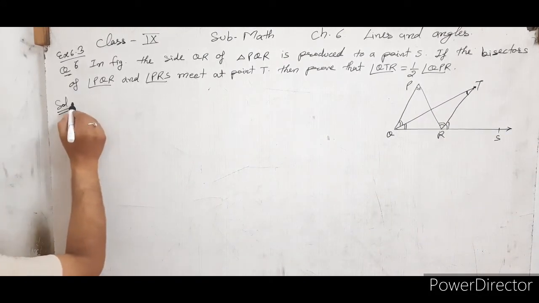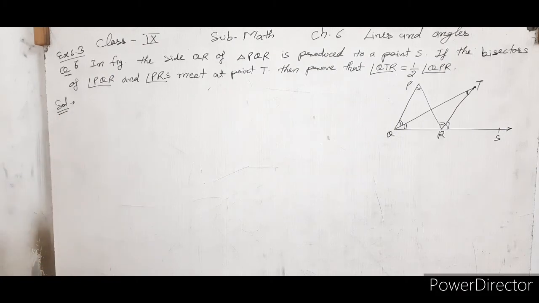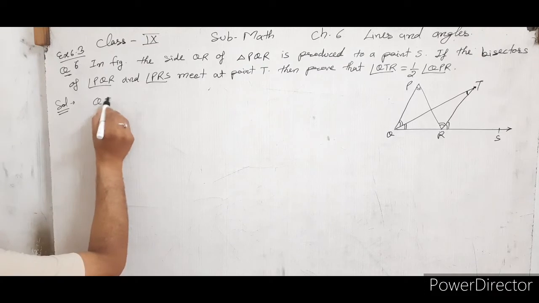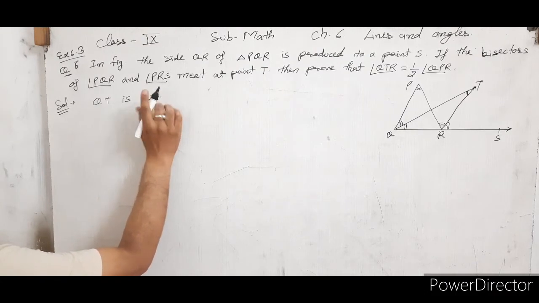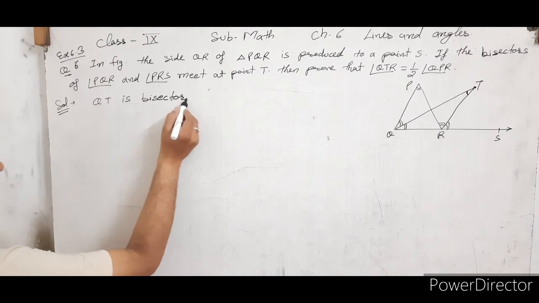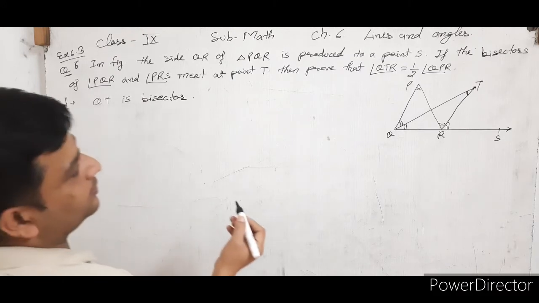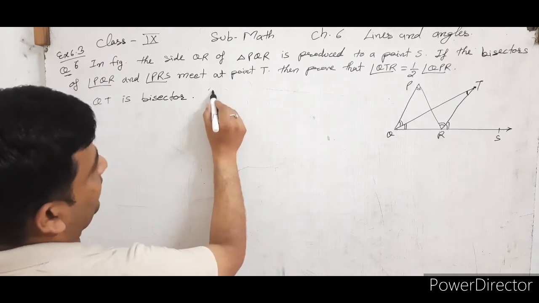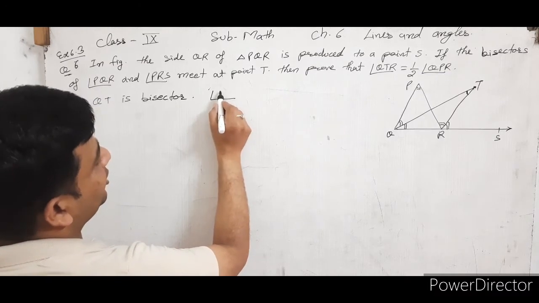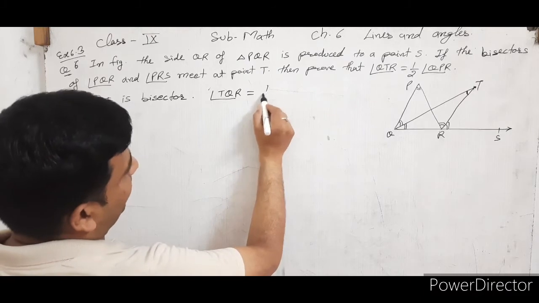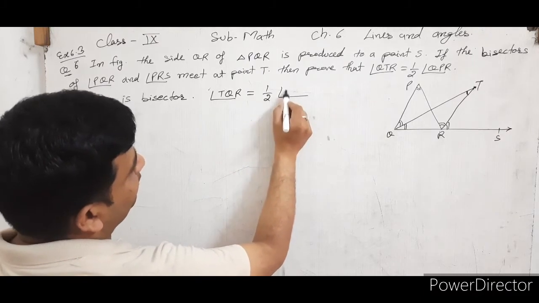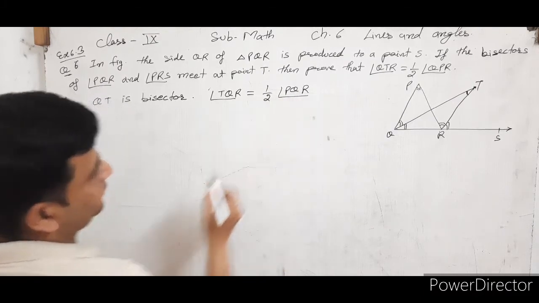first of all, according to the question, it is given that QT is a bisector. If it is an angle bisector, then angle TQR is equal to half of angle PQR.